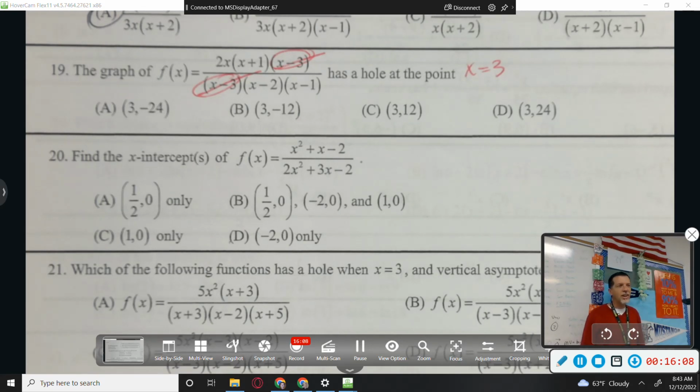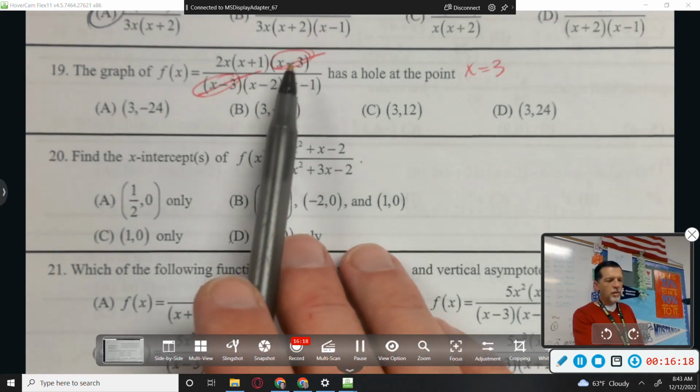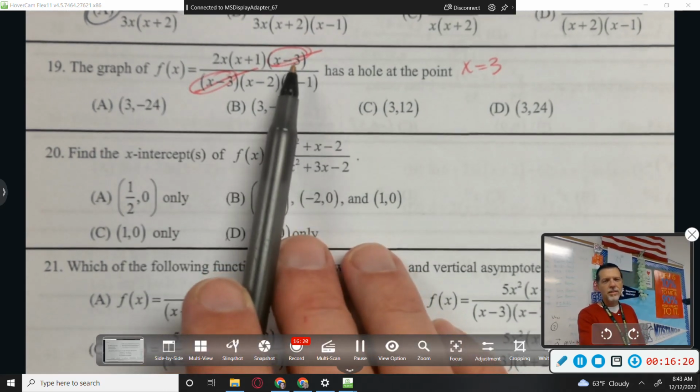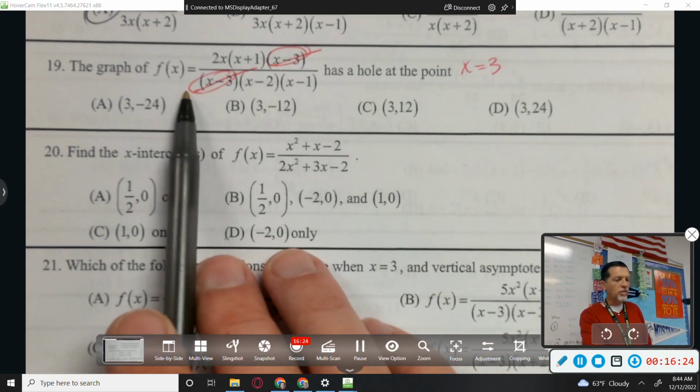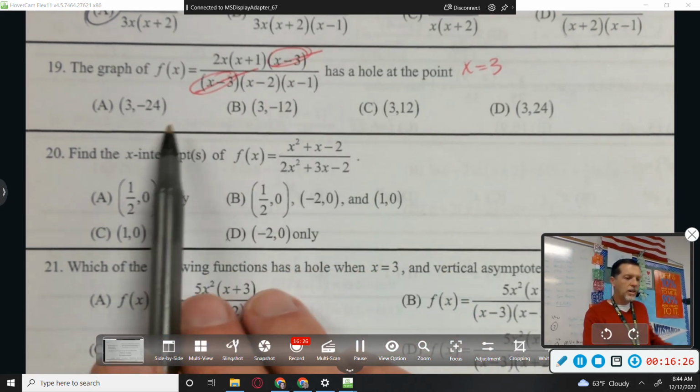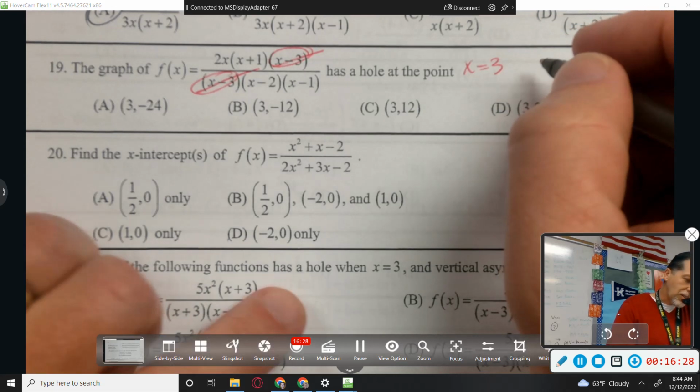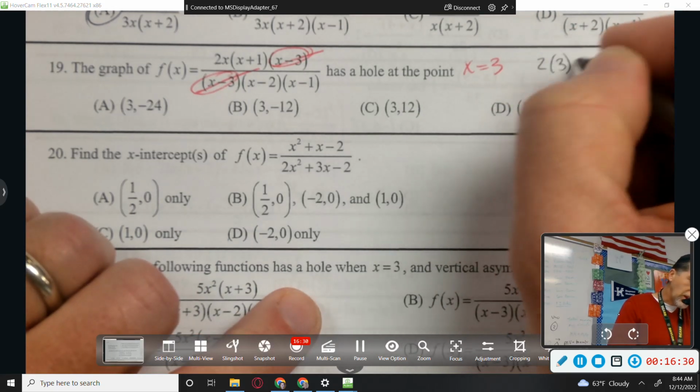So how do I find the y value? Plug in the x value. Plug it into what, I guess? All of it. Make sure you plug it into the canceled out part. Or, I guess, plug it in after you cancel them. If you don't, you'll end up with 0 over 0, and that's why there's a hole there. So after you cancel the x minus 3's, then we can plug in 3.